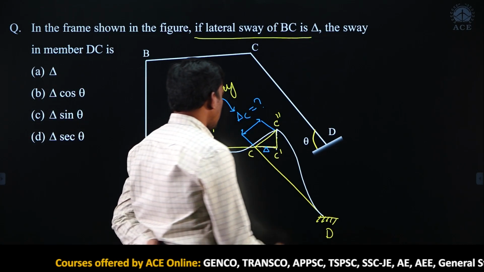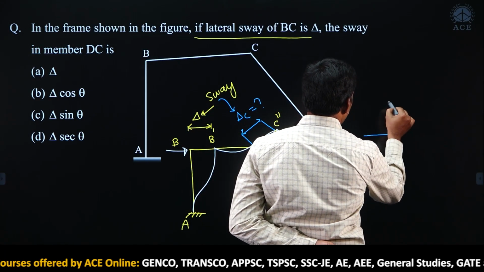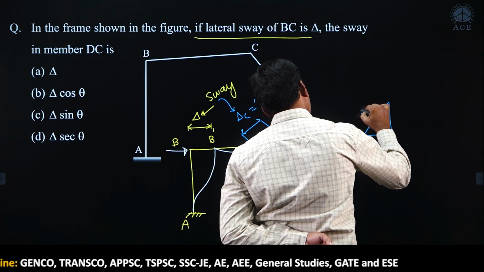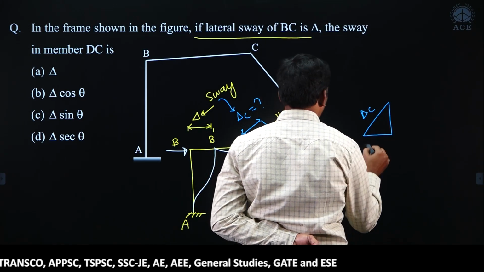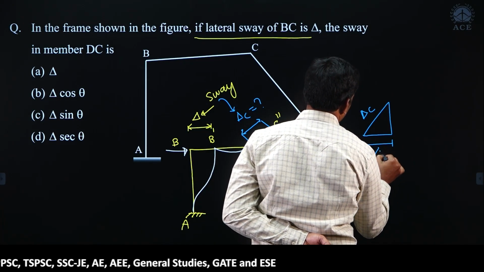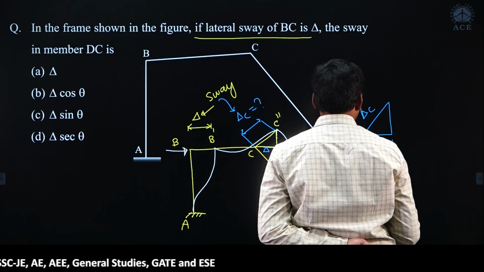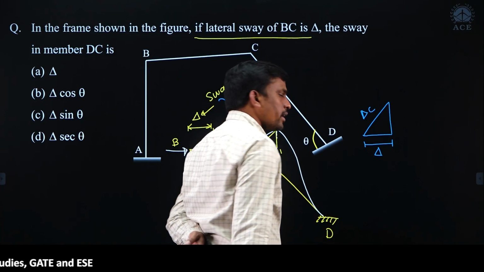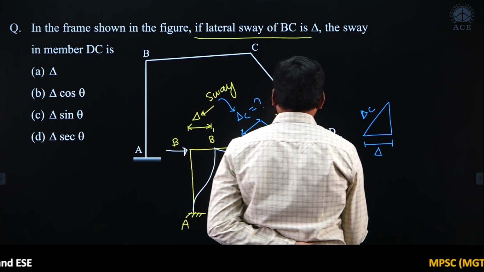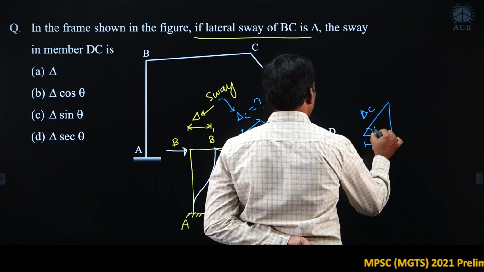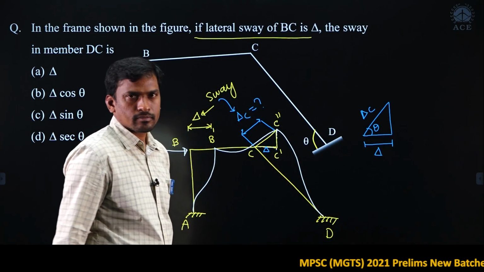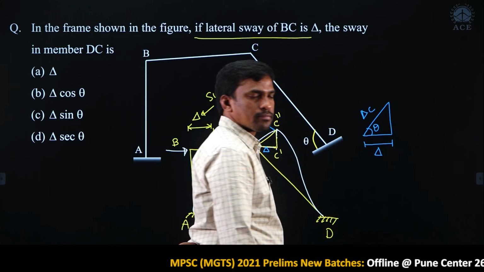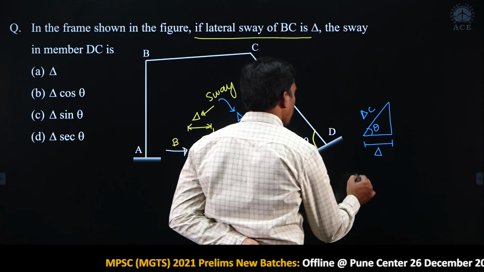I will draw this triangle separately, it is like this. So this is delta C, this is delta. And he is asking to find this value delta C. With respect to horizontal, if it is theta, then this is theta. Right. Then from this triangle, can you find this one please? How to find this?